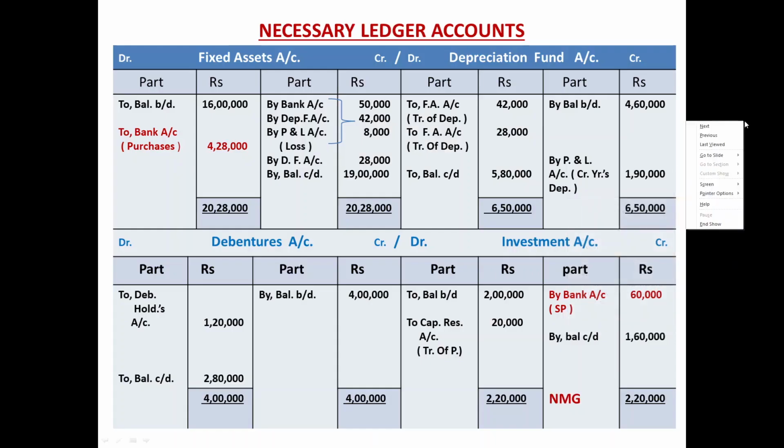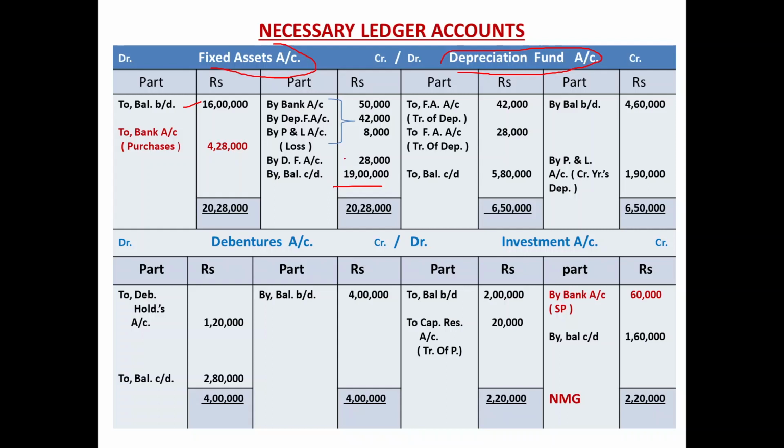Let us give the posting in the concerned ledger accounts for this journal entries. Fixed assets account and depreciation fund account. Opening balance 16 lakh, closing balance 19 lakhs. First JE, bank account debited 50,000, depreciation fund account debited 42,000, profit and loss account debited loss 8,000 to fixed assets account credited 1 lakh.